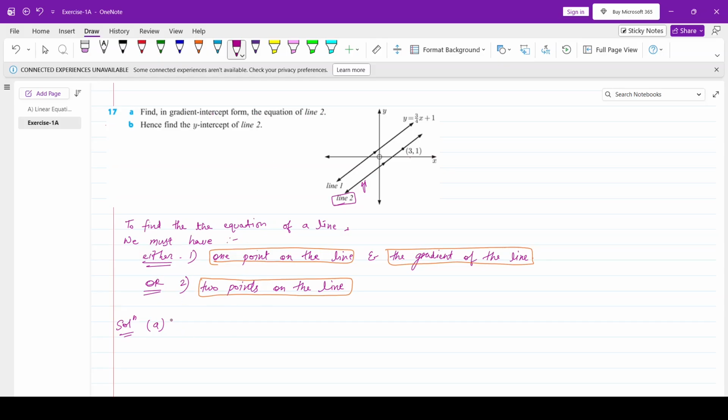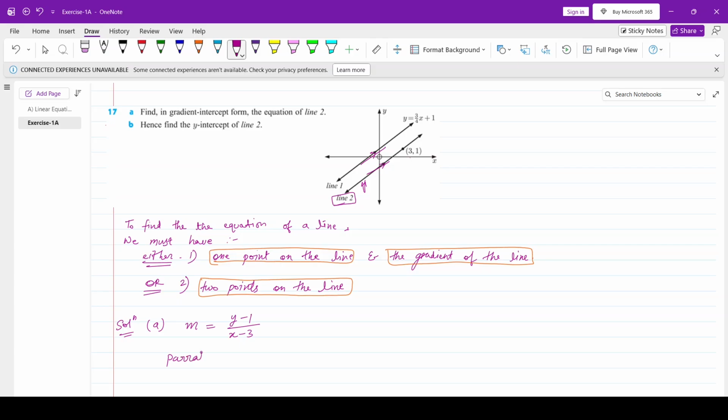Line 2 equation, we have 1 point. Can we say the equation of the line will be (y minus 1) divided by (x minus 3) equals m? Now we do not have the value of this m, but can we say this line is parallel to this line?